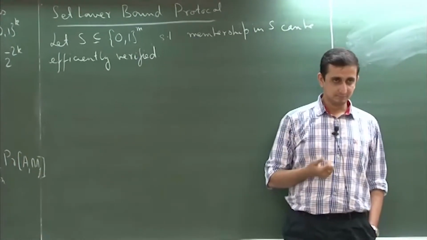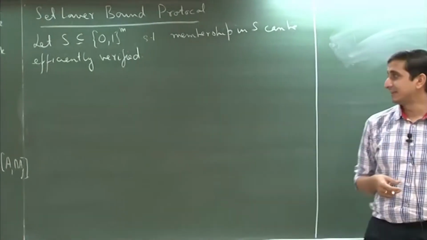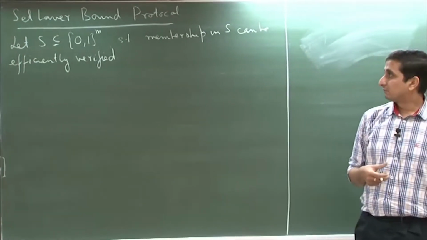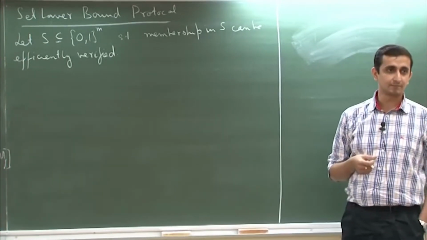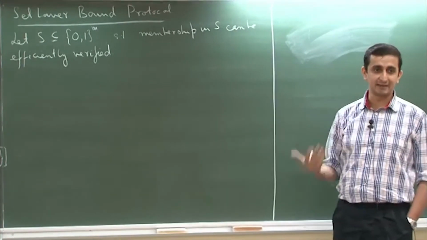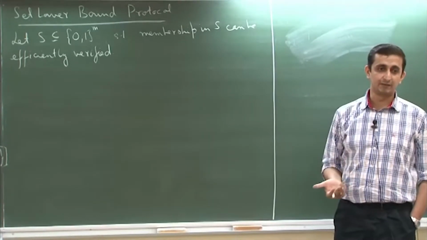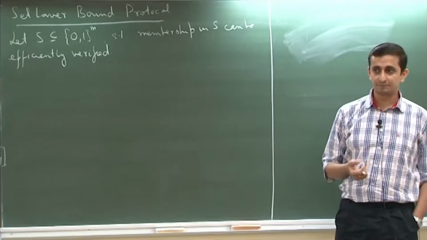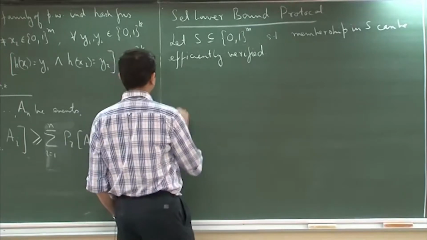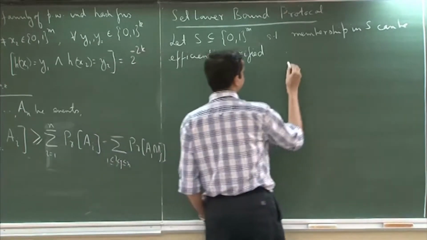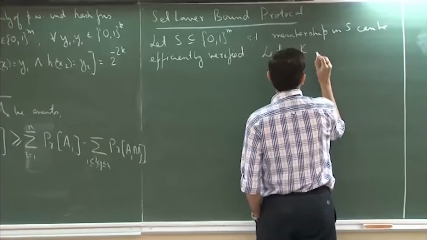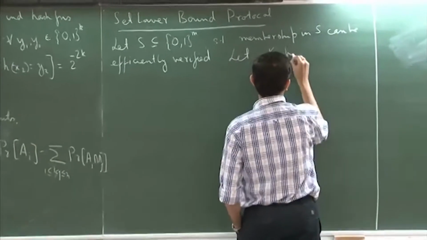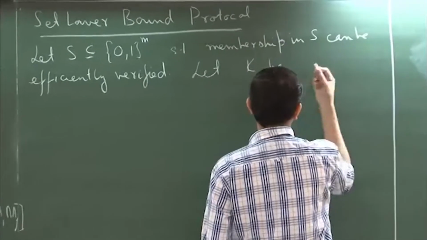You can think of this as all m-bit Boolean formulas: together with a satisfying assignment, it is very easy to check whether that formula is satisfiable or not. And let k be a positive integer.